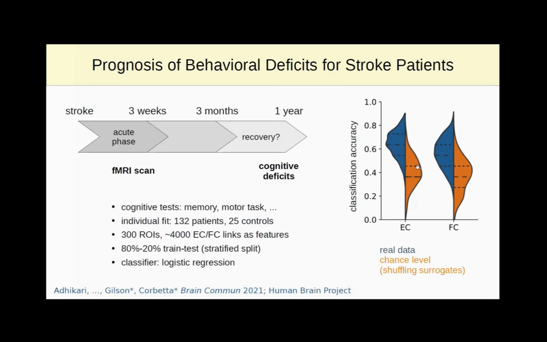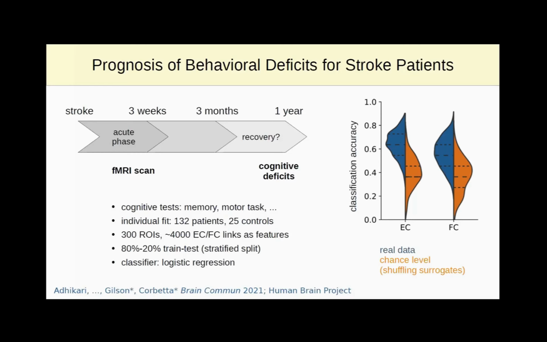Long story short, you can see that both for FC and EC, the accuracy is above the chance level. It didn't work for all the predictions, but it worked for this one, which was a difficult one. You obtain a better classification accuracy, with the median of the EC accuracy being at the level of the top quartile of the FC accuracy.